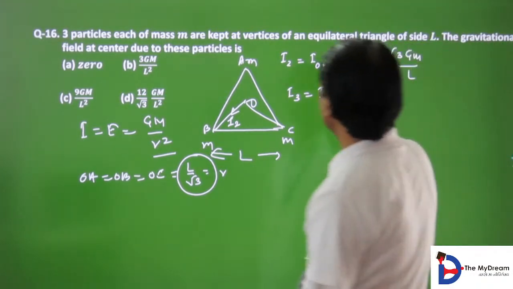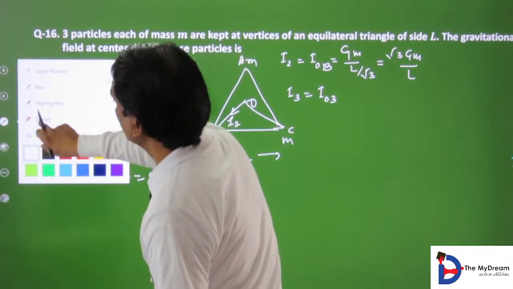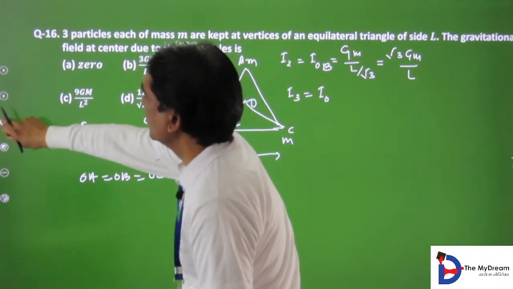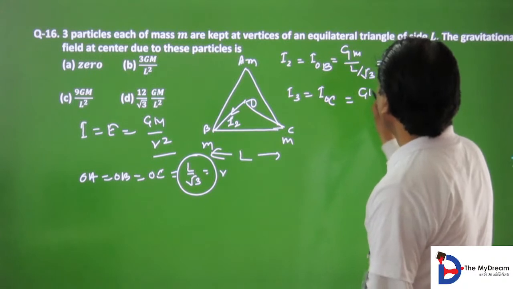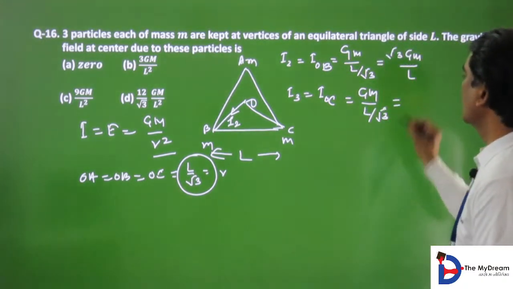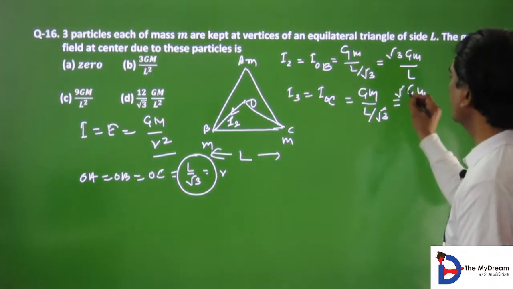Intensity at O due to C. Due to C. You can also say 3, no problem. That is Gm by L by root 3. So this is Gm by L root 3.